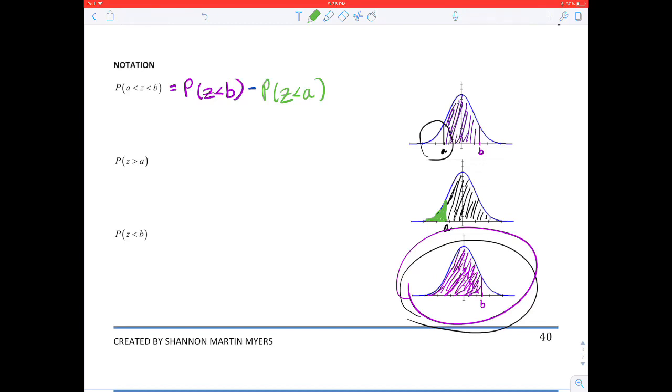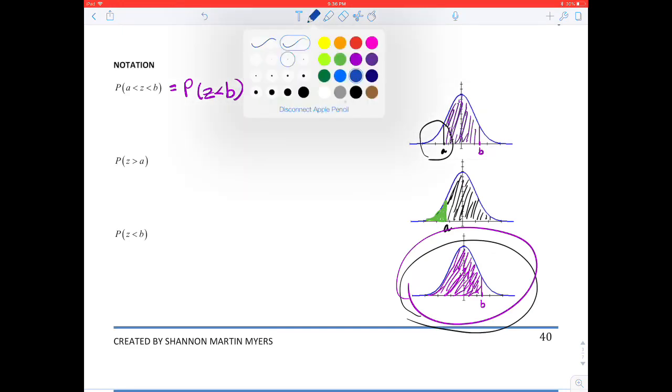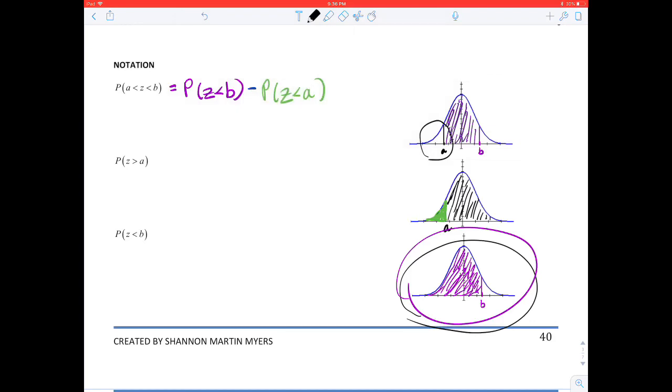So the probability that Z is greater than A, in our table, what we do is find the complement. This one is shaded in black. So 1 minus the probability that Z is less than A, and that's going to give us this region here.